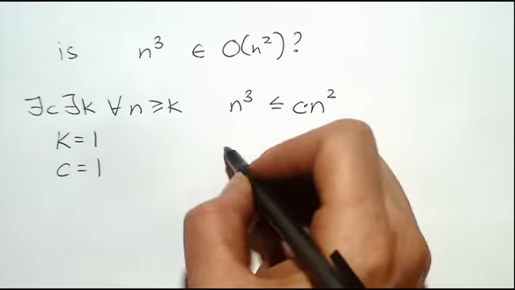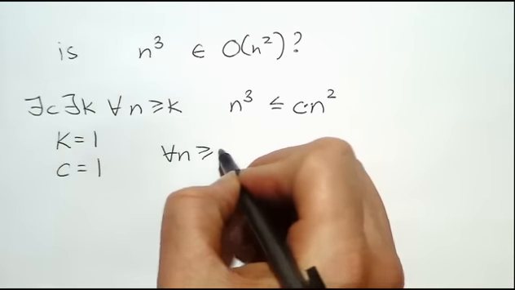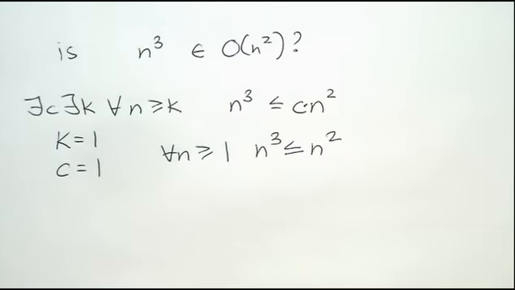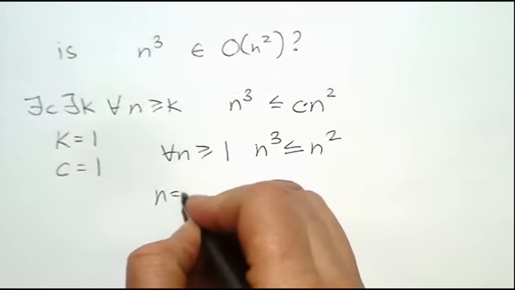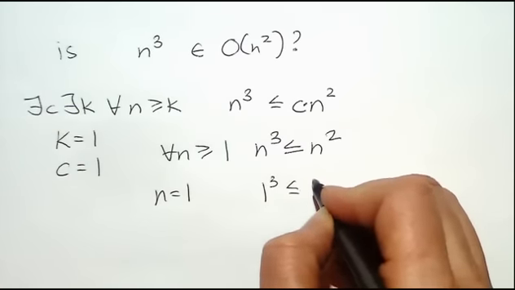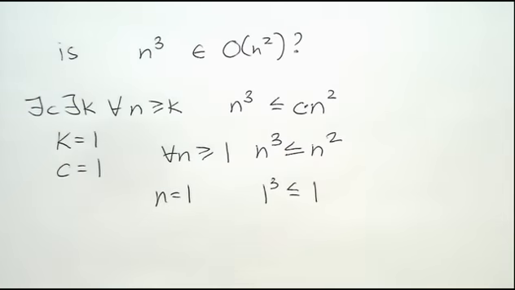So in that case, we'd be proving for all n greater or equal to 1, n cubed is less than or equal to n squared. So for n equals 1, what do we get? 1 cubed less than or equal to 1. Now, if I wanted to prove this true by induction, I would assume what?